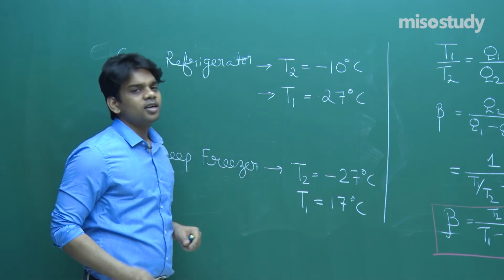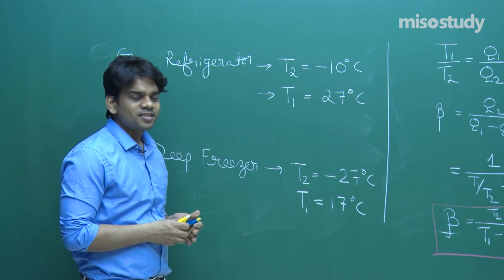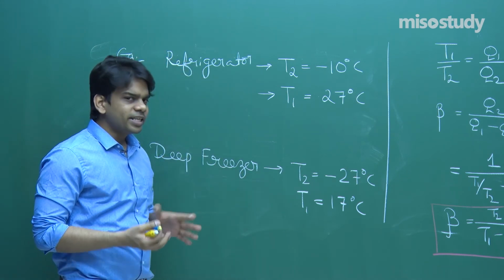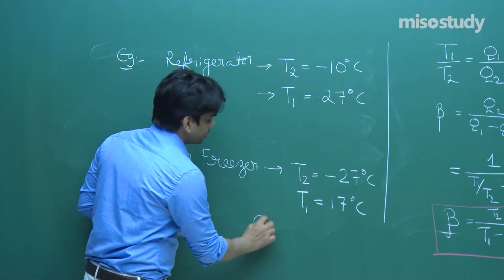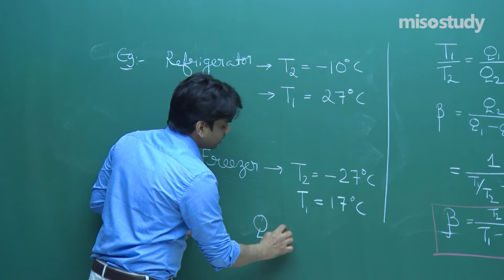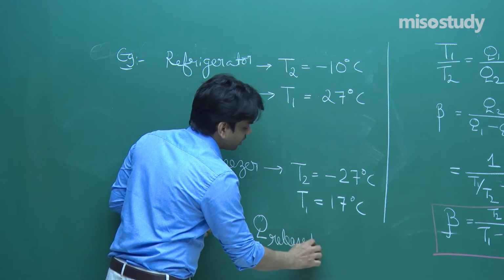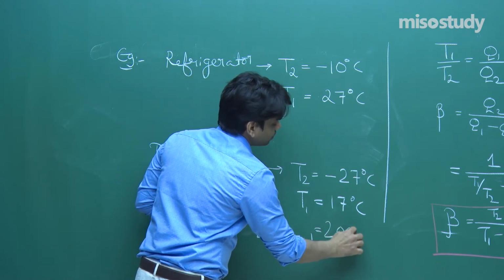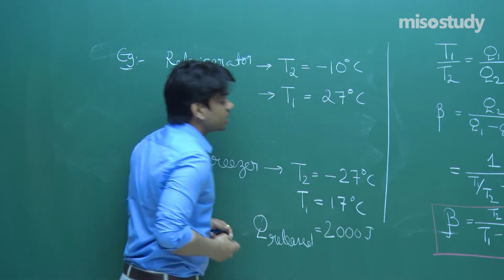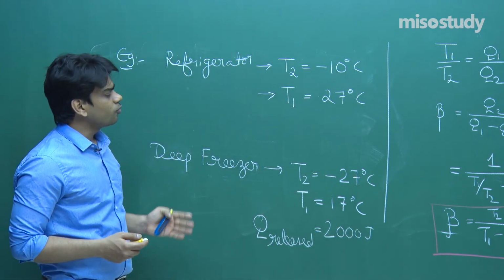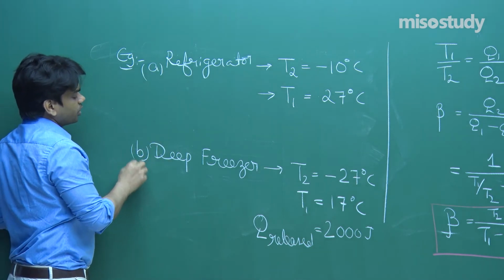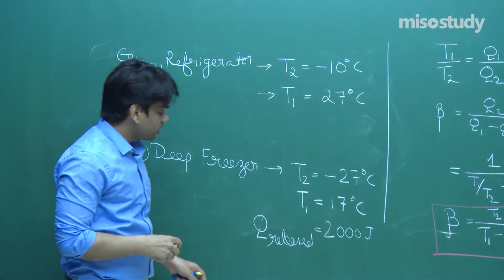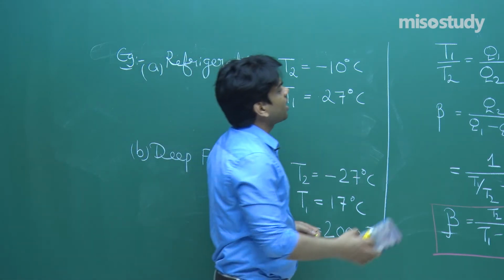So both are working under two different sets of temperature conditions, and let's say they are extracting 2000 joule of heat energy. This is the amount of heat energy released to the external surrounding, that is 2000 joule. Now suppose it is asked, compare the efficiency of the refrigerator, that is A, and the deep freezer, that is B.